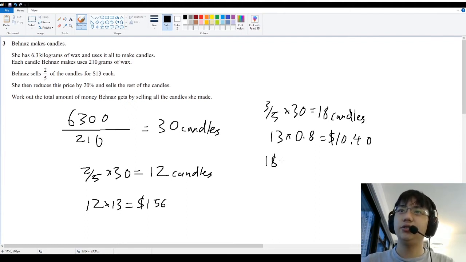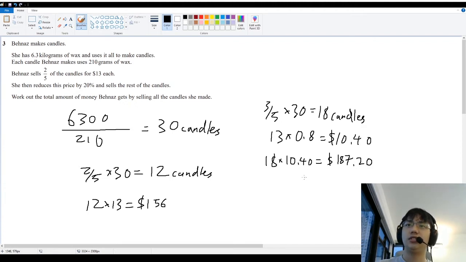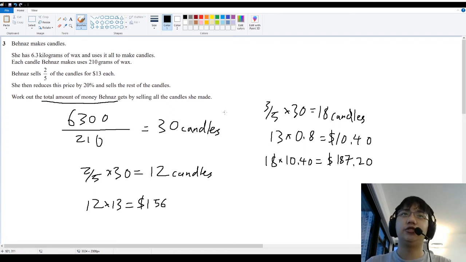These 18 candles were sold at $10.40 each, which gave Behnaz $187.20.